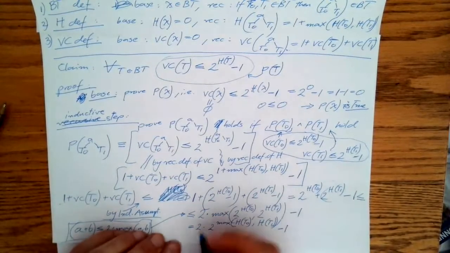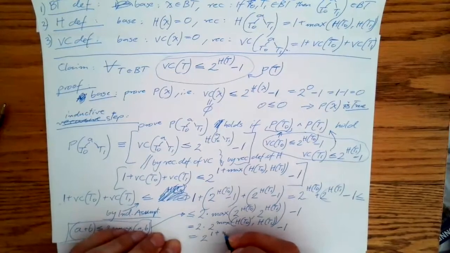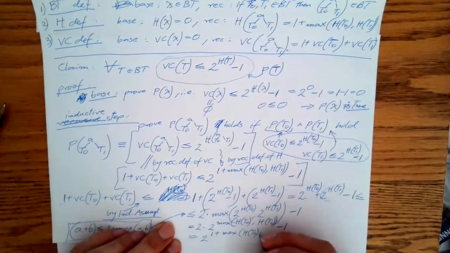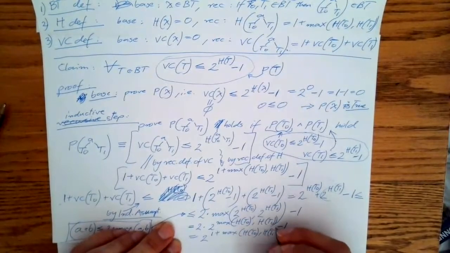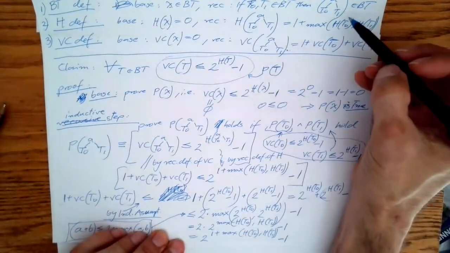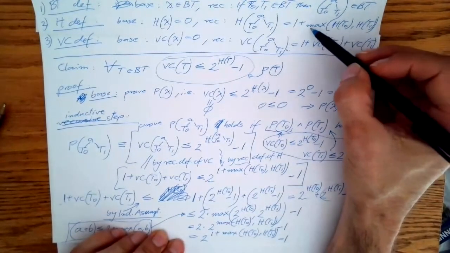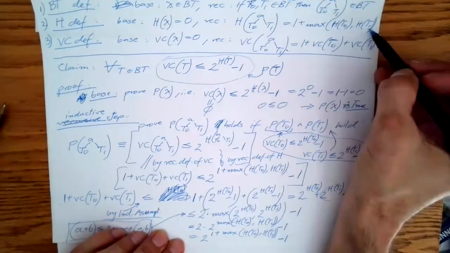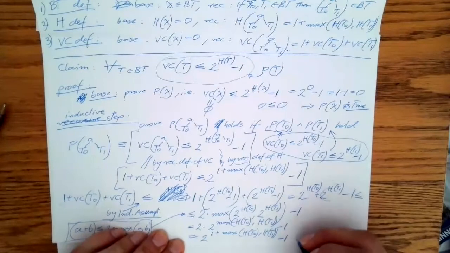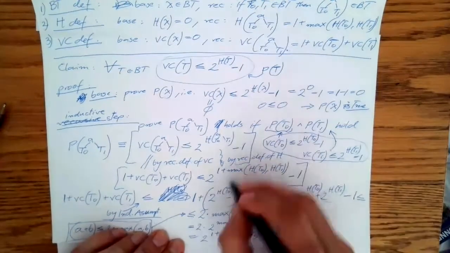Okay? And now I'm really home because this is 2 to the 1 plus the max of h of T0, h of T1, minus 1. And now finally I look up that this is indeed the height of this tree. Well, I already knew that.